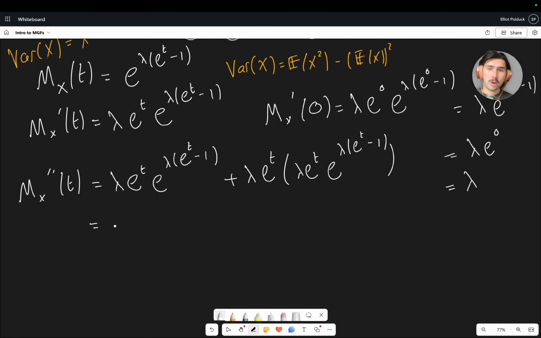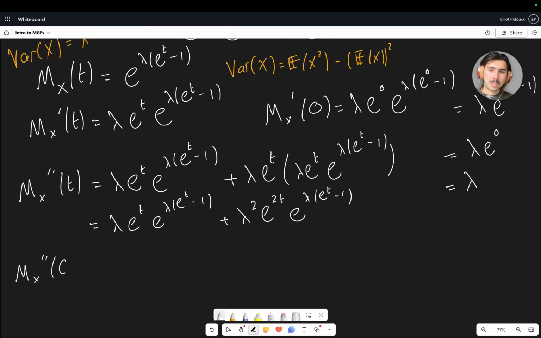And so let's simplify this. We've got lambda e to the t, e to the lambda e to the t minus 1, plus this is lambda squared e to the 2t e to the lambda e to the t minus 1. Crazy stuff, but there we go. And then let's actually evaluate this when t is 0.